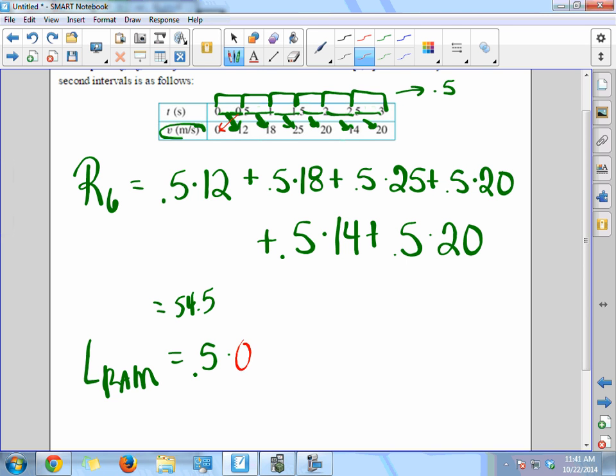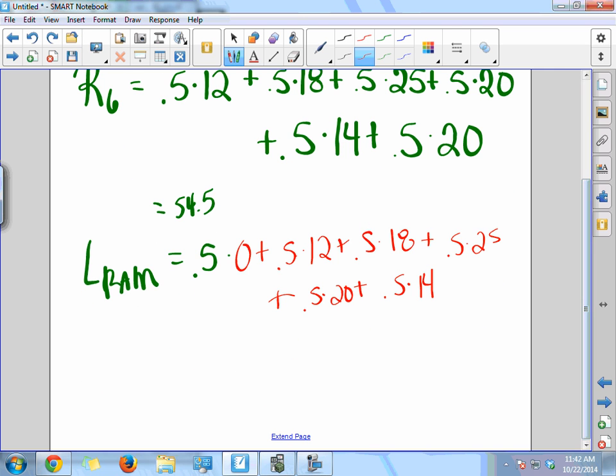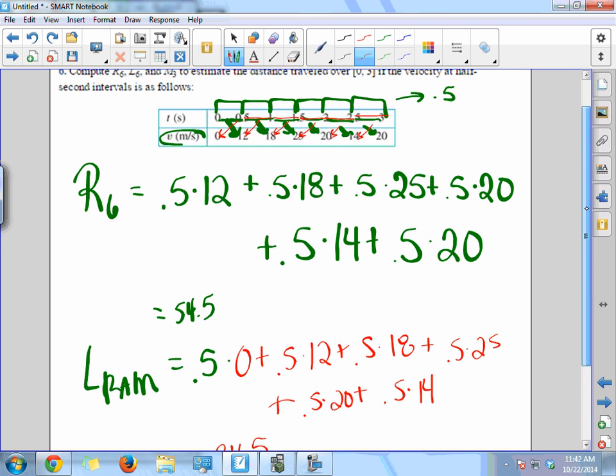So that's going to be 0.5 times 0 plus 0.5 times 12 plus 0.5 times 18 plus 0.5 times 25 plus 0.5 times 20 plus 0.5 times 14. And if I do all that math, I should get 34.5. And so that would be my left approximation.